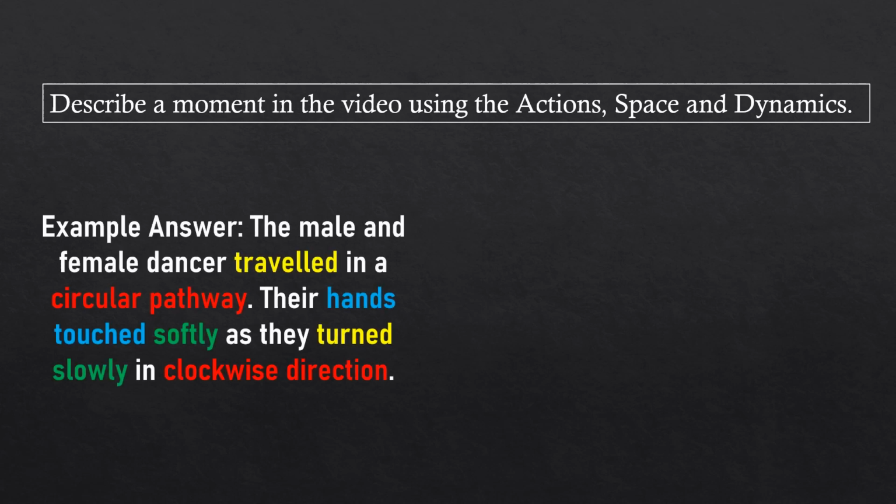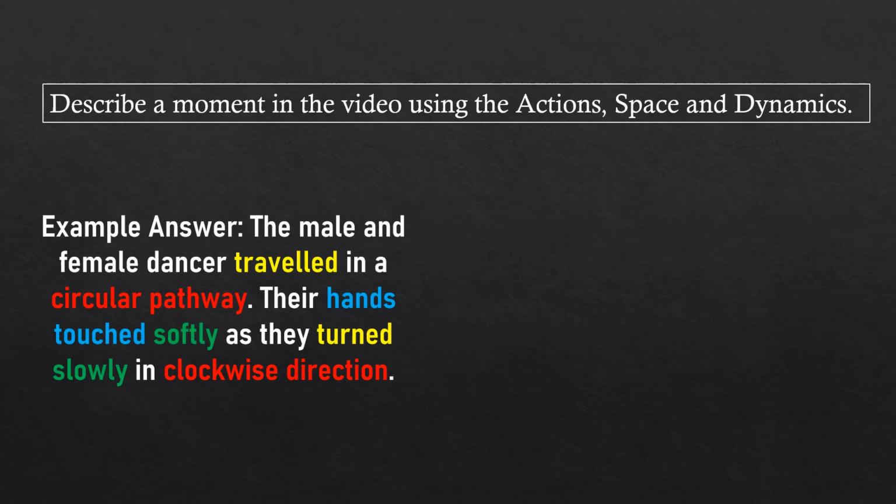We'll start by going through an example answer that I've created. The male and the female dancer travelled in a circular pathway, their hands touched softly as they turned slowly in a clockwise direction. Just pause the video and make some notes on where you've noticed action, space and dynamics in my answer.